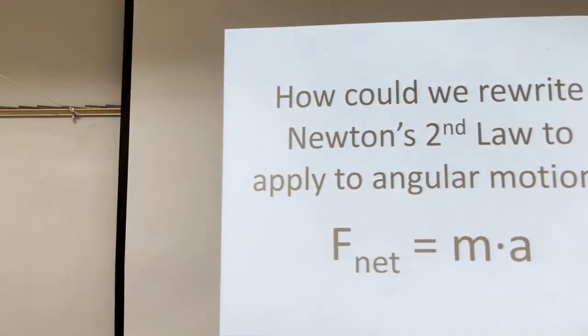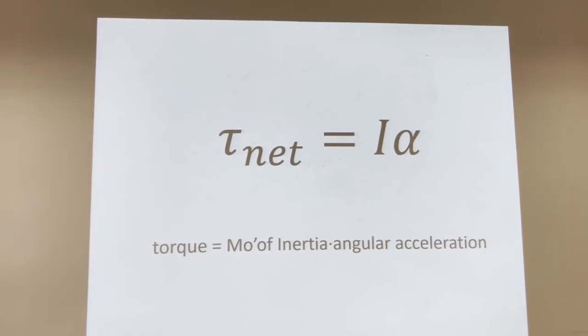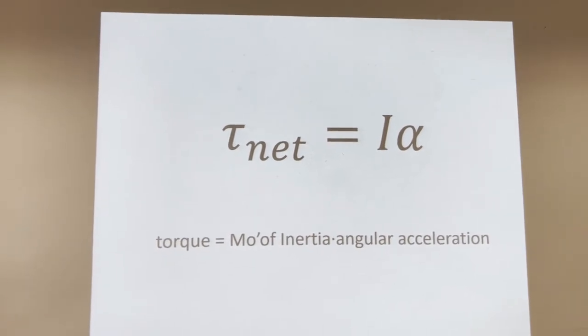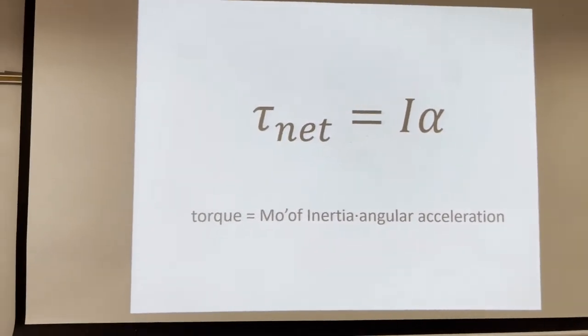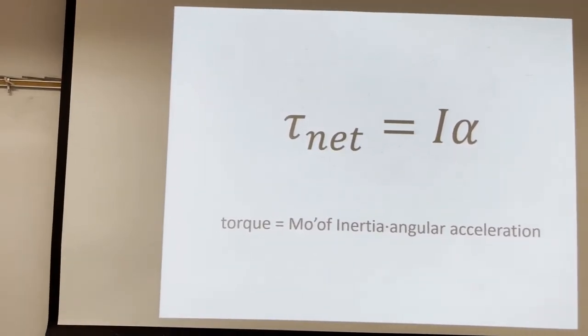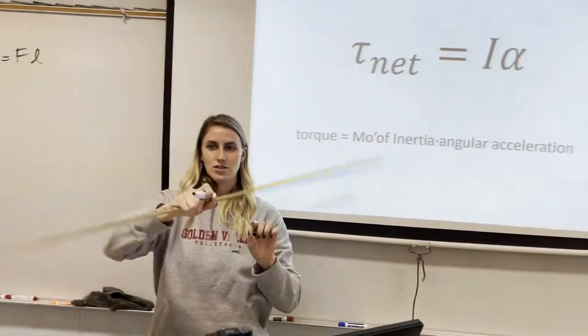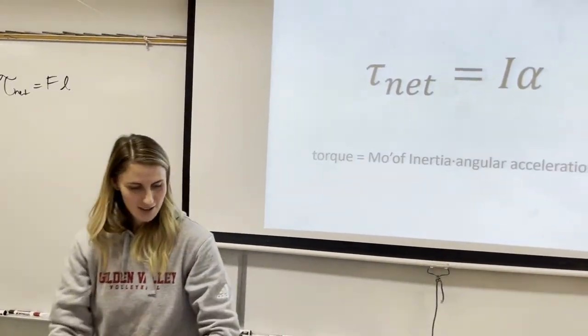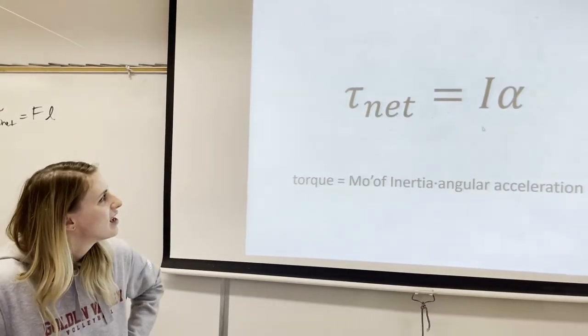Torque equals the moment of inertia times the angular acceleration. And that's Newton's second law. It applies to translational motion and also rotational. You just have to change the players, but the idea is the same.